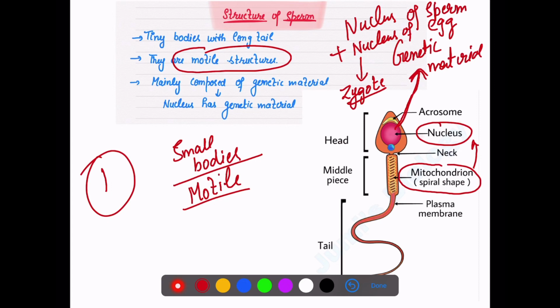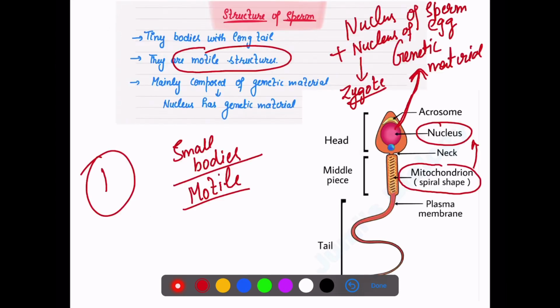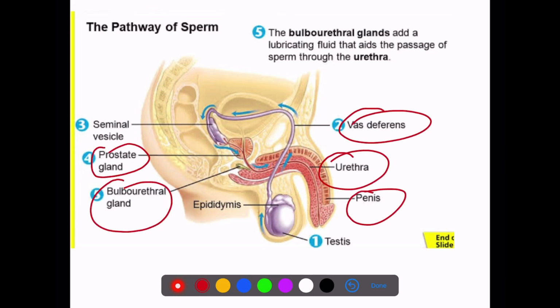to now solve all the questions from the male reproductive system. In your exam they give you a diagram and then you are asked to label these parts. I don't think you will get confused now: these are our testes, and they are present in a structure called the scrotum, and on their head there is the epididymis, and the tube which conducts from the epididymis is the vas deferens.